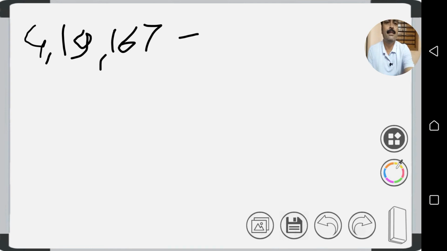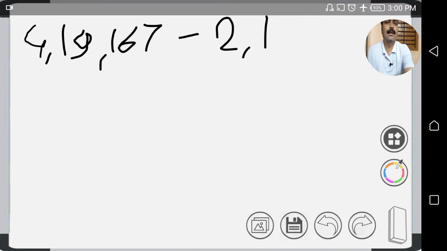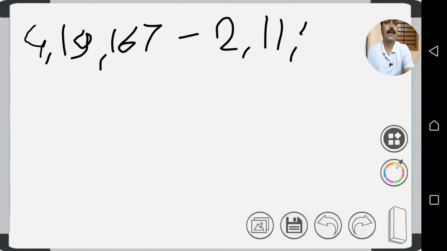So the example is that 4,19,167 minus 2,11,417. So this is the subtraction of two numbers that here I am taking.